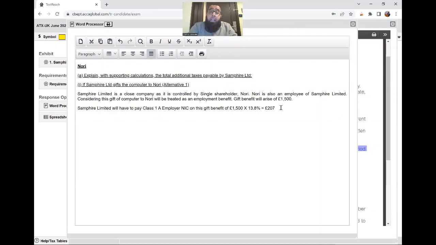Okay, so Samphire Limited will have to pay Class 1A employer NIC on this gift benefit of 1,500 into 13.8%. This Class 1A, I will repeat everything again, so don't worry. This Class 1A employer NIC will be an allowed expense from corporation tax return for Samphire Limited.